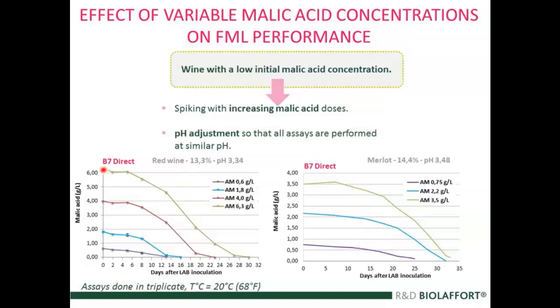We did that in 2 wines. I'm showing you this with one strain called B7 Direct, but we did it with many different strains and starters, and the results were always the same. So the higher the malic acid concentration, the longer the malolactic fermentation takes to achieve.